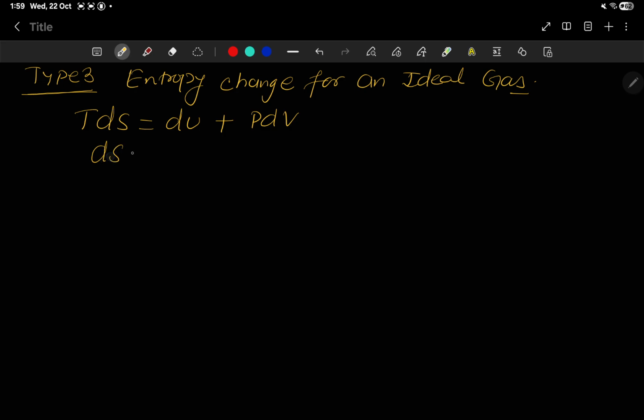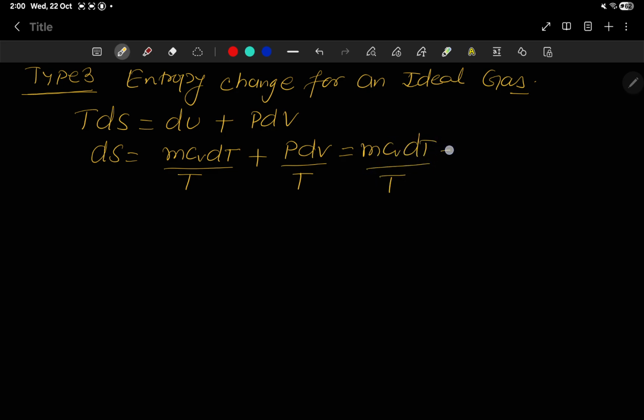Now just write ds equals, this dU will be mCv dT, divided by T, plus p dV divided by T. From the ideal gas equation, pV equals mRT, right? So p by T will be mR by V, so this will be dV.